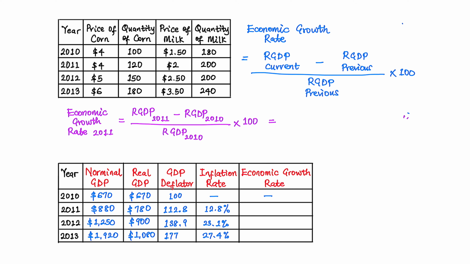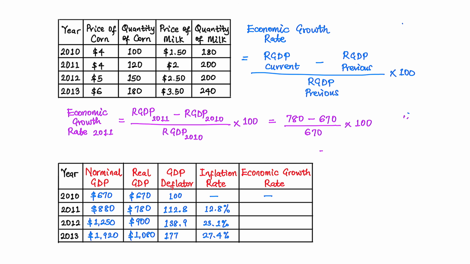We have real GDP in 2011 is 780. Take note that we are putting in the values of the real GDP, not the nominal GDP. Do not make the mistake. Minus real GDP in 2010, that's 670, divided by real GDP in 2010, that's 670, everything multiplied by 100.